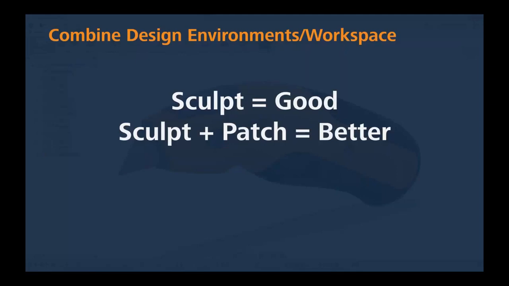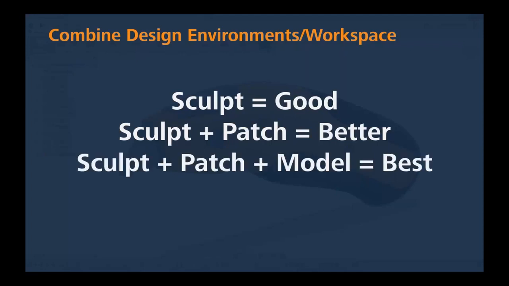So that provides better functionality to create the geometry that we want to. But then when we bring in model as well, so we can sculpt, surface, and model, this is really the best environment for us to be creating all of these organic freeform surfaces.